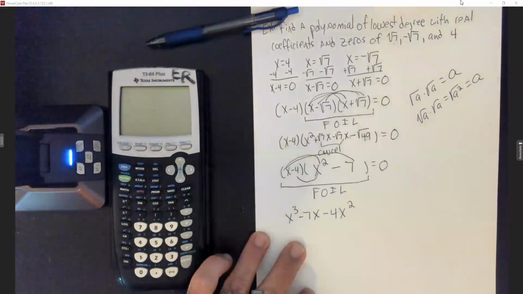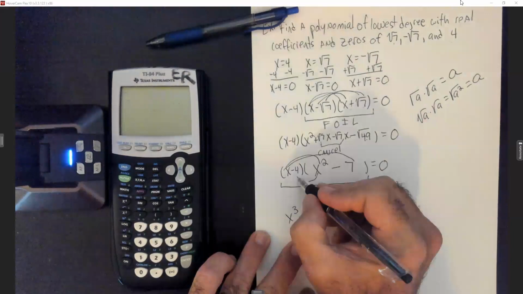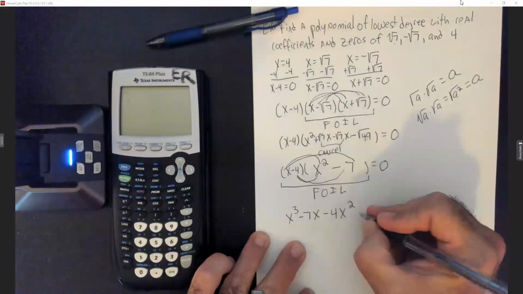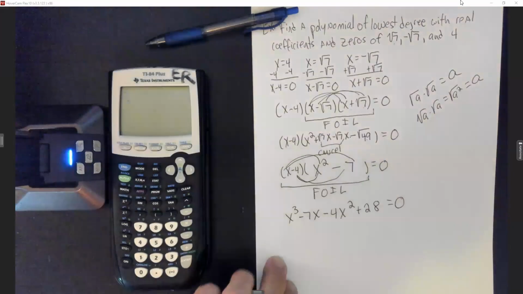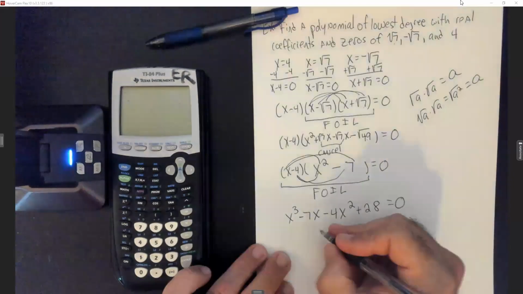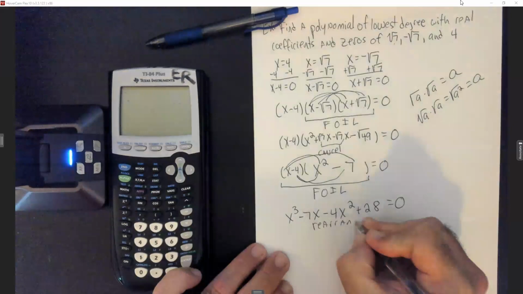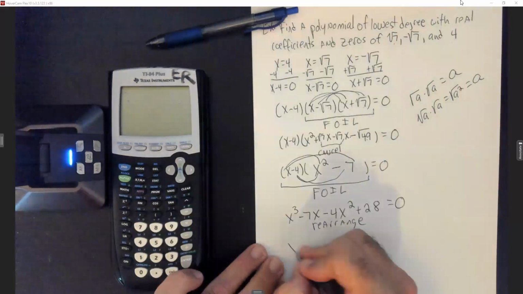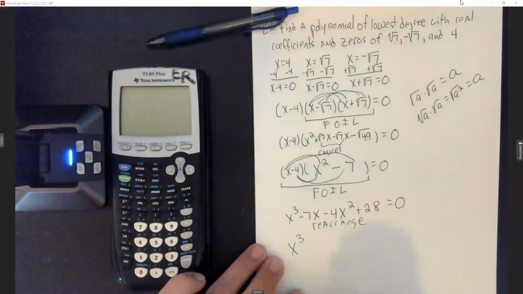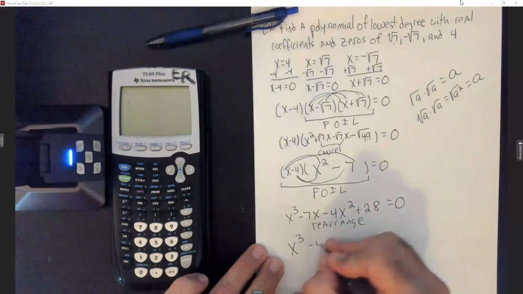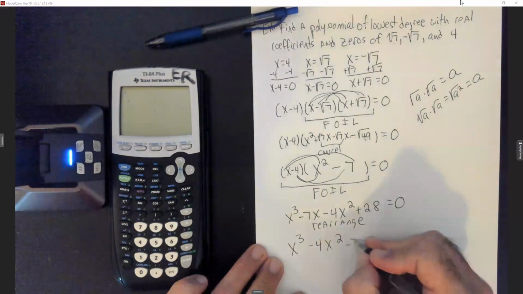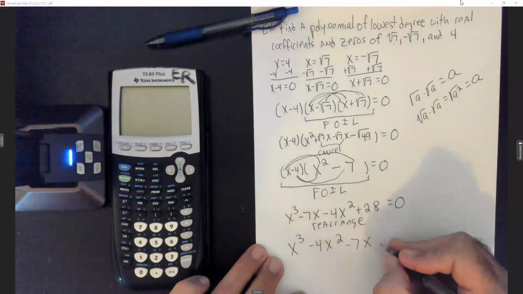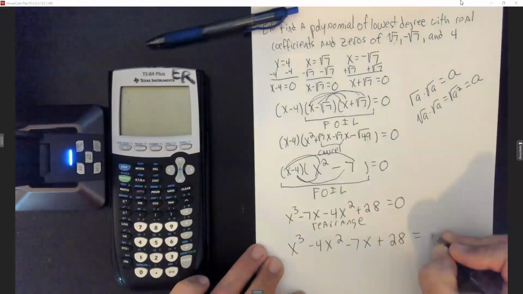And then finally, my negative 4 times negative 7 is a positive 28. So the only thing I would do maybe is rearrange. So my x to the third would be first. Then my negative 4x squared. Then my negative 7x, my positive 28, all equal to 0.